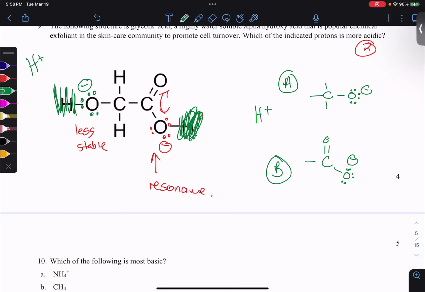Okay, acids donate protons, bases do what? Accept protons, right? It accepts protons by donating an electron pair. Lewis bases are electron pair donors. So think, which substance is more likely to accept a proton? Which one wants a proton back? A or B? A, yes, A wants that proton back real bad because its negative charge is not stabilized.